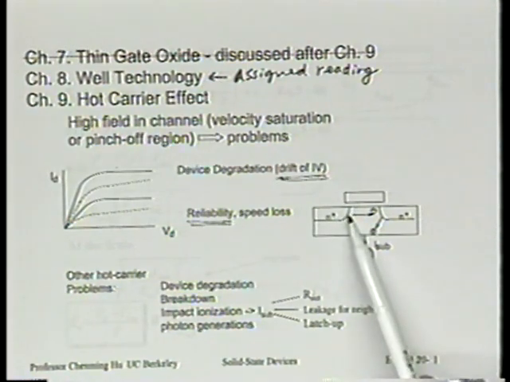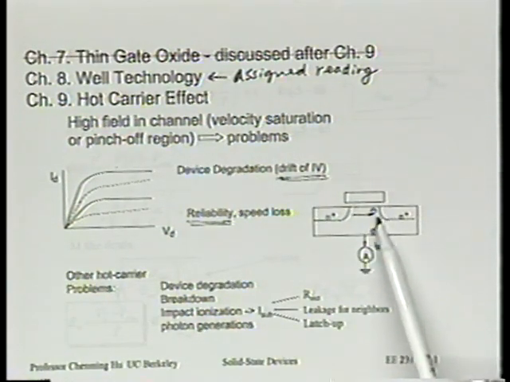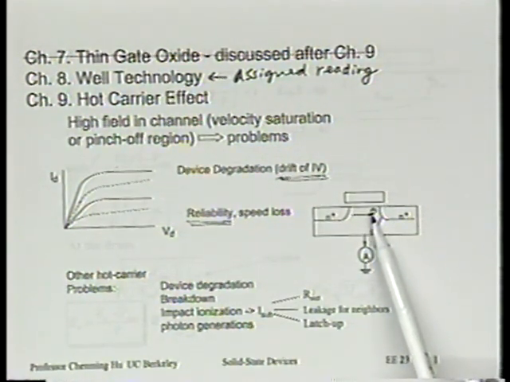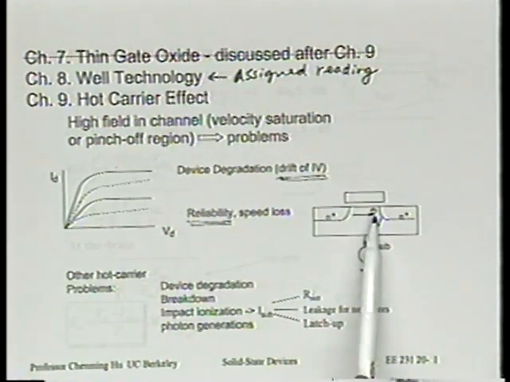Impact ionization meaning as the electrons, or holes for that matter, whatever carrier move from the source to the drain, these carriers become energetic, and we call them hot carriers. When they're energetic, they're hot carriers. And these hot carriers create impact ionization. In this example of n-channel transistor, impact ionization means electron-hole pairs are created.